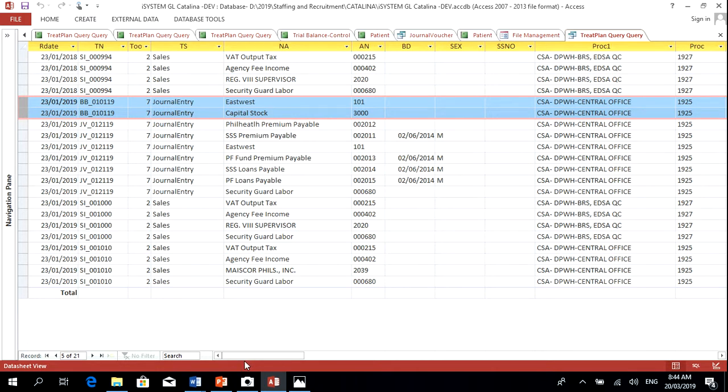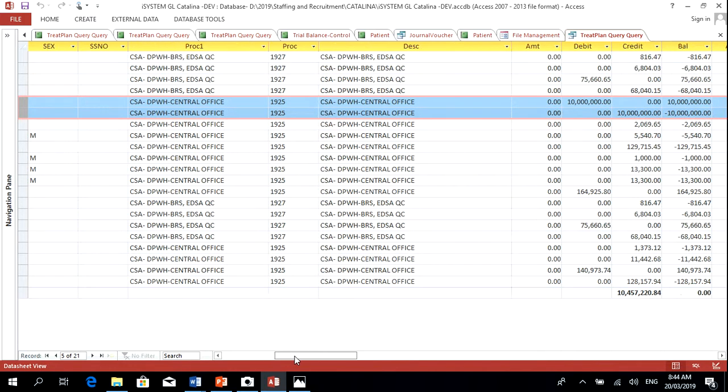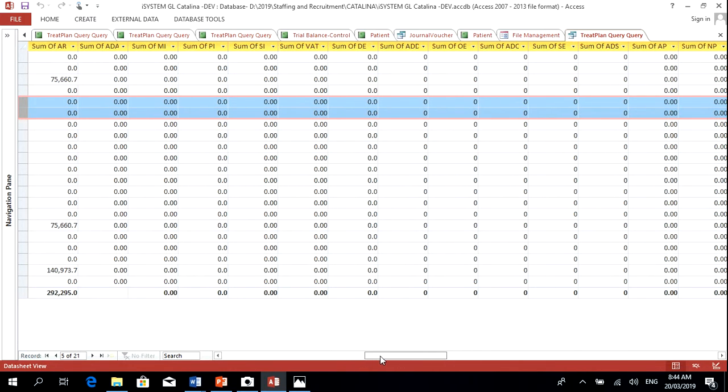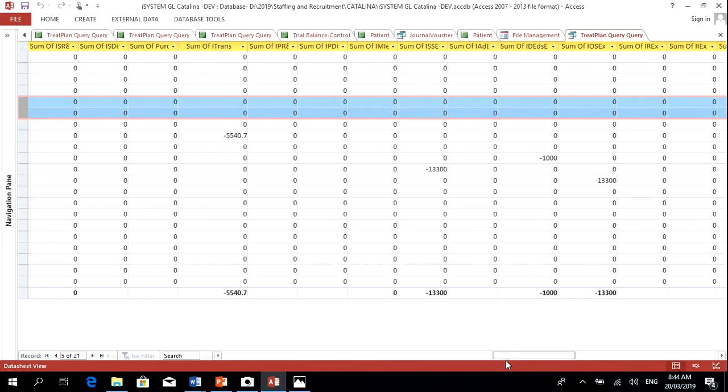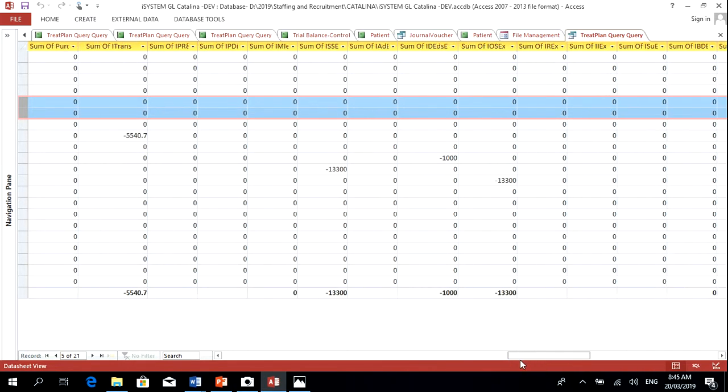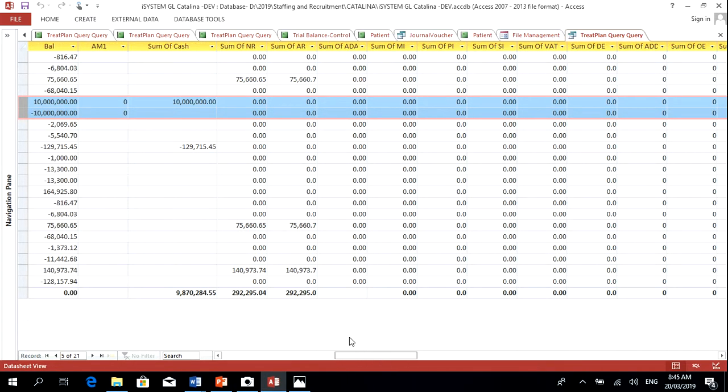So what happens in the system is that on this column on the right side, that cash transaction is picked up. It's picked up here. Now the formula for how you pick up that amount can't be found there.